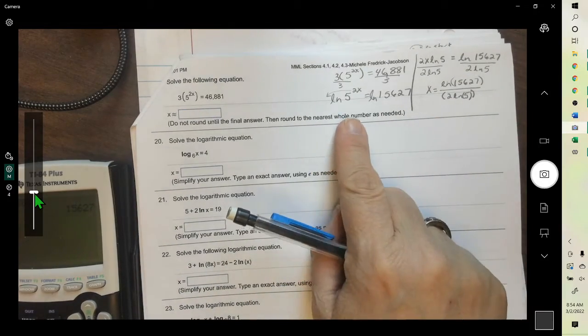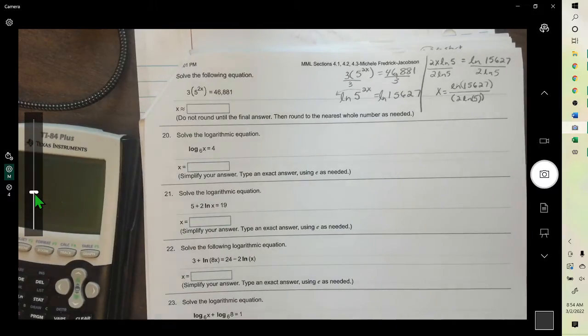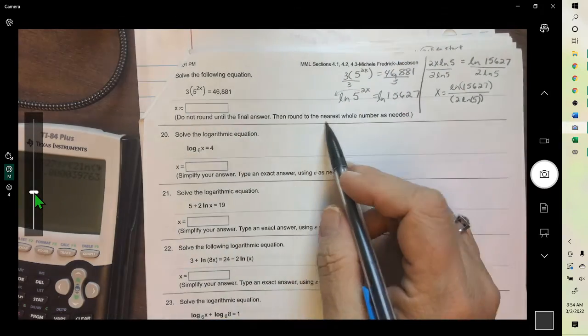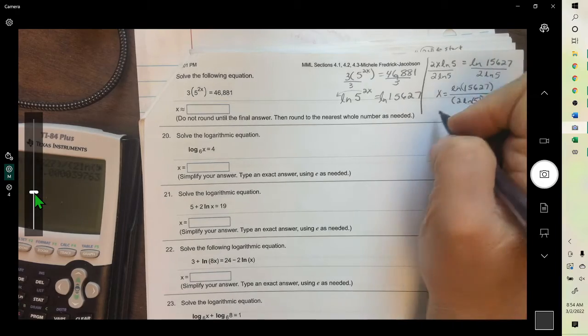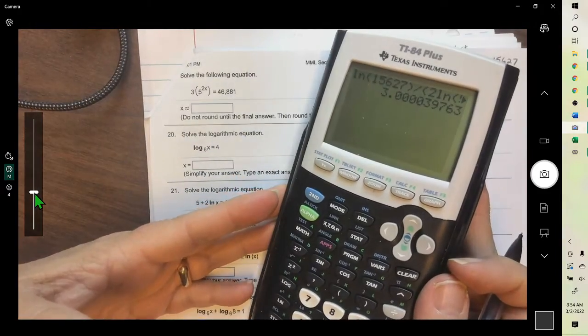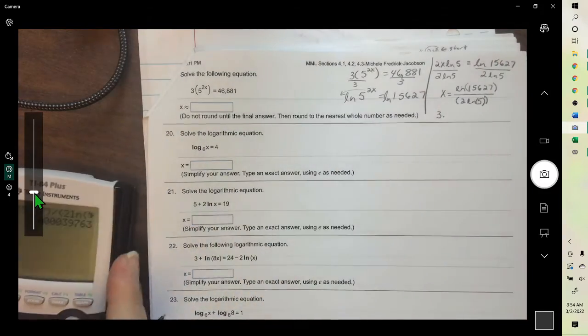They want the estimate. Plugging it in, natural log. Round to the nearest whole number. The reason I said that is it's 3.00000, so it's just 3.